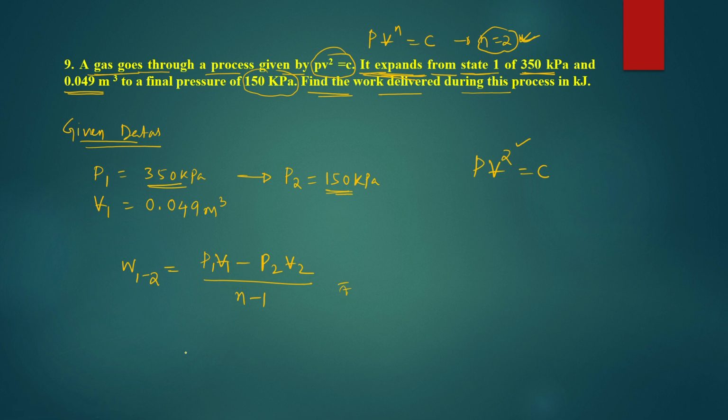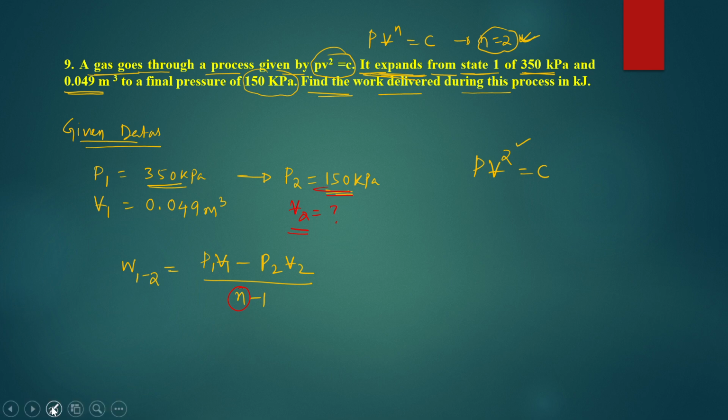We are given the values of P1 and V1, right? And we are given the data of P2, but we do not know the value of V2, right? So to put the values in this equation, we should know the value of V2, right? And obviously n is there, so there is no issue related to that, right?